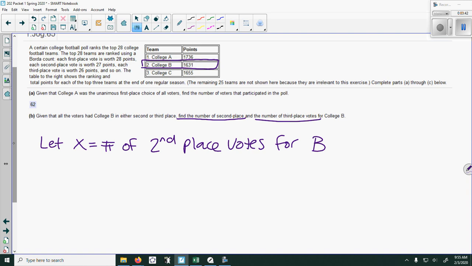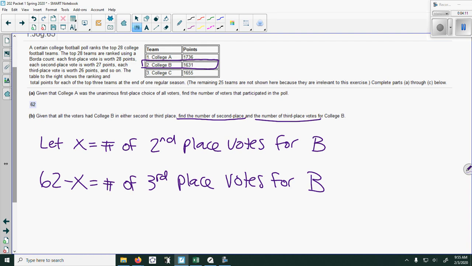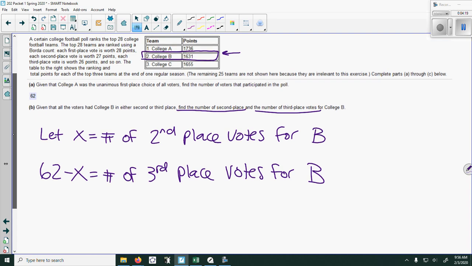All 62 voters put B in second place or third place. So X is the number who put them in second place. The rest of the voters, the people who aren't included in this X, would be 62 minus X. That's the number of third place votes for B. Now I can use these two expressions to write an equation that equals the number of points, 1,631 points.